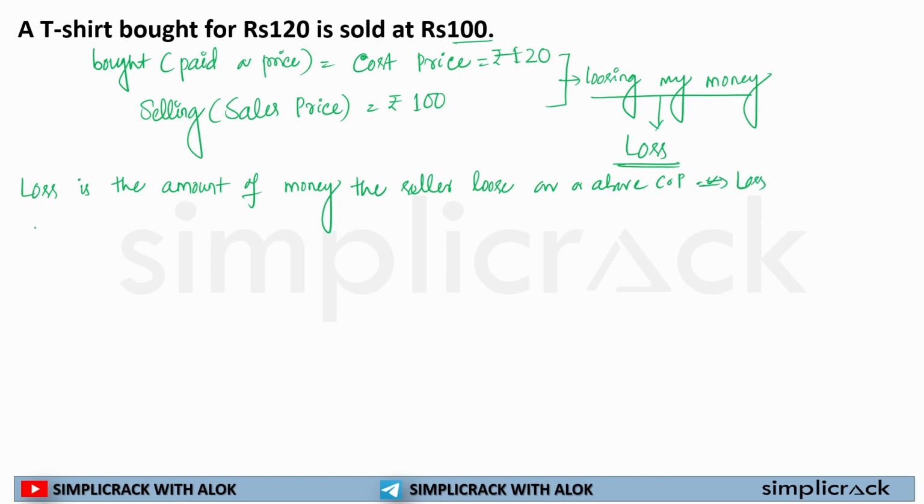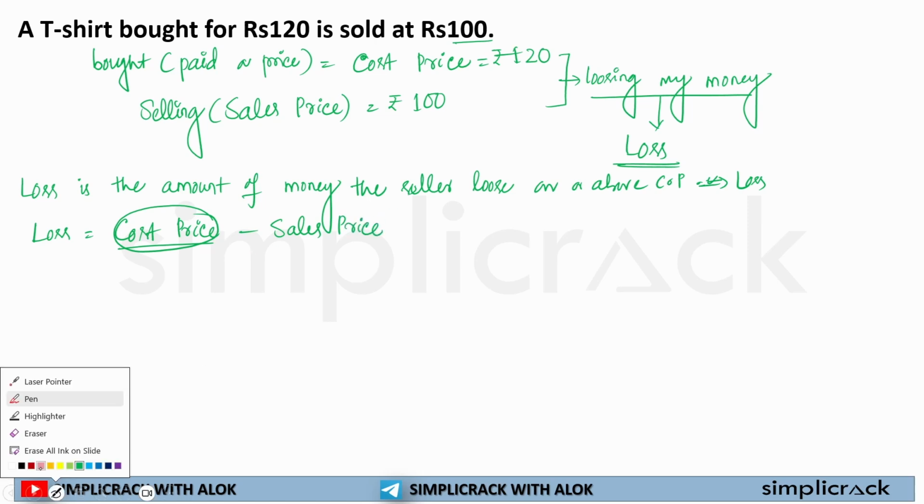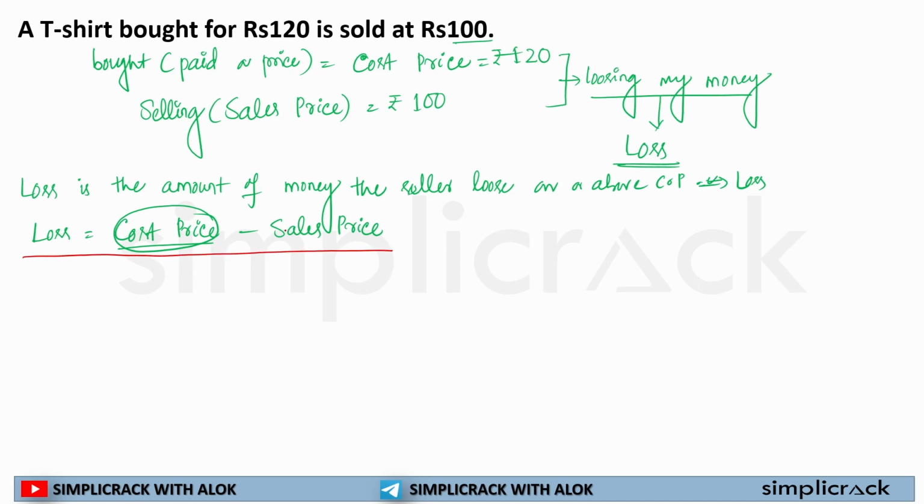So in this case, what was the loss? Cost price was the higher amount and sales price was the lower amount. Whatever amount I lost over cost price will be my loss amount. So cost price minus sales price is known as loss amount. This is the formula for loss amount.